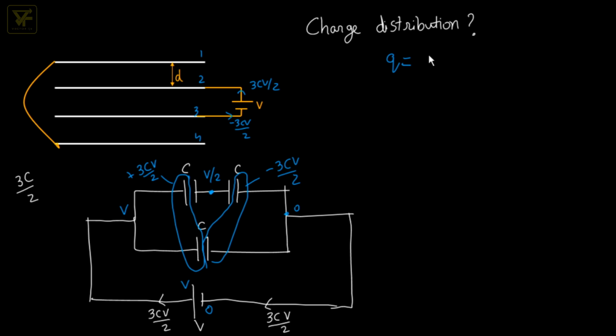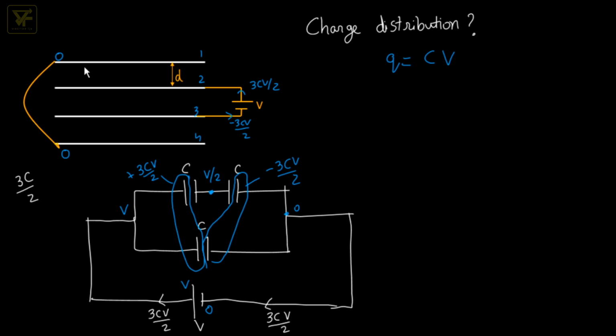Charge is capacitance into potential difference. So charge on this capacitor will be CV by 2. We already know that outside the plates the charges are always 0. I hope you know this. Whenever we have parallel plate capacitor, the charges are always residing on the inner side of the plates, never on the outer side.